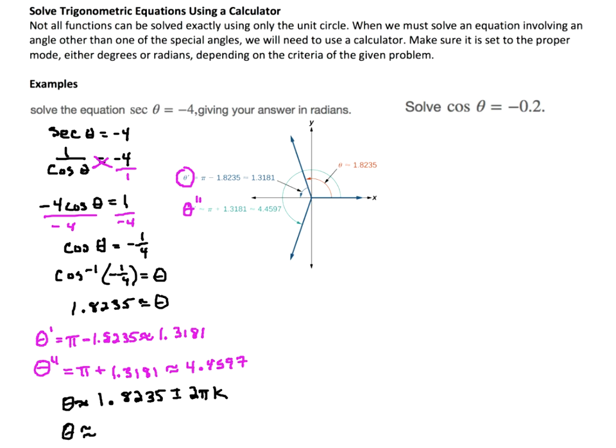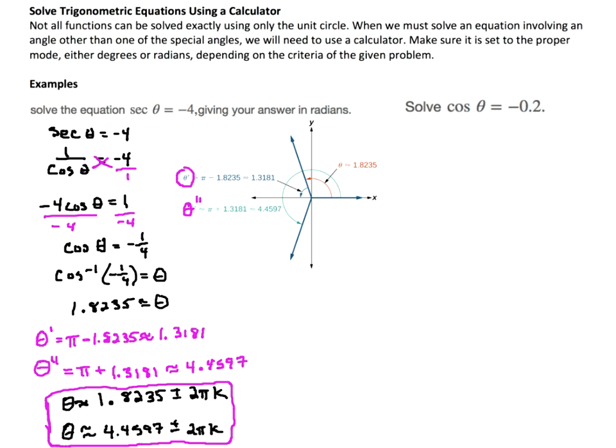But then we also have the possibility of theta being approximately 4.4597 plus or minus 2 pi k. Those are the solutions for this particular problem when the secant of theta is equal to -4.